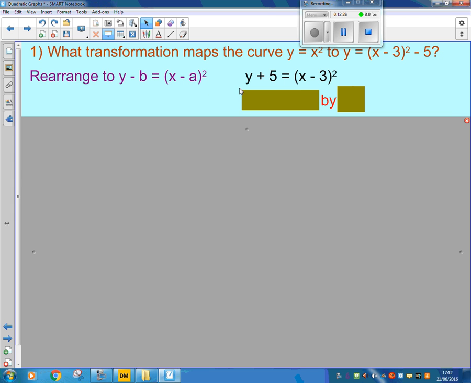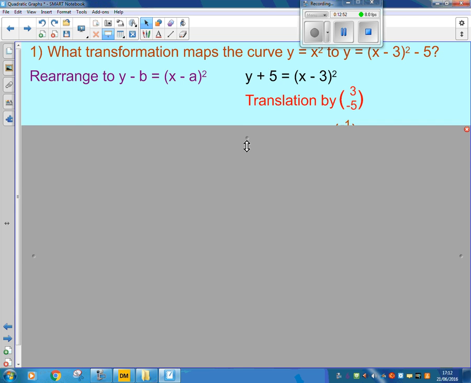If we turn x into x minus 3, the a number is going to be 3. Y has been turned into y plus 5, so the b number is minus 5. So it's a translation by (3, minus 5), because x has turned into x minus 3, and y has turned into y minus minus 5, which is the same as y plus 5.